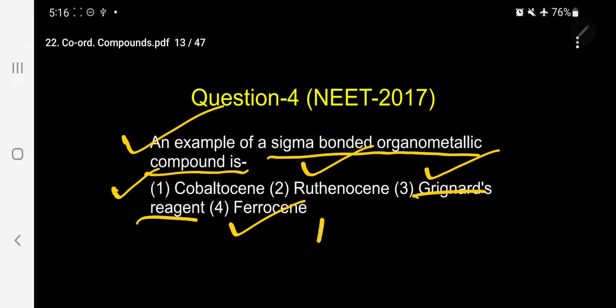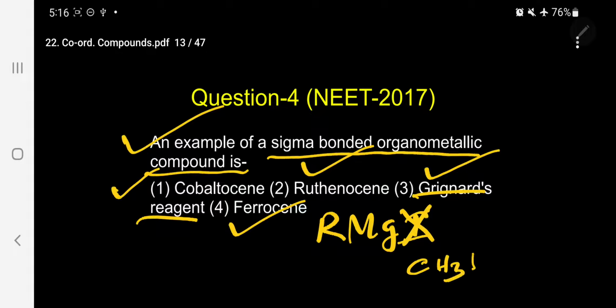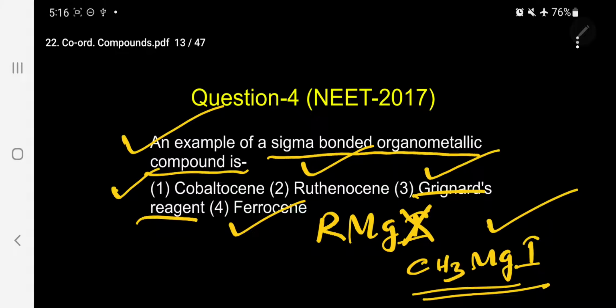What is the general formula? RMgX. Commonly we use methyl magnesium iodide. That is the Grignard reagent. So this is an organometallic compound. The answer is C.